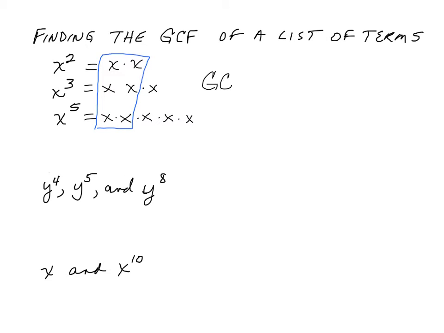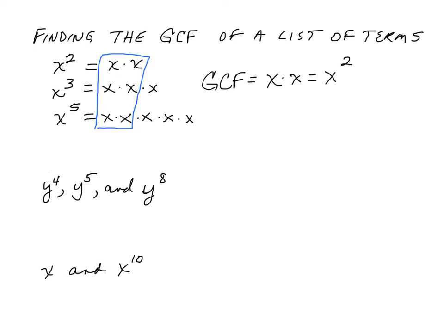So the GCF is x times x, which is x squared. Now notice where the x squared comes from, okay? And you don't have to go through all of this, what I just showed you. All you have to do is look at the list of terms that you're given.